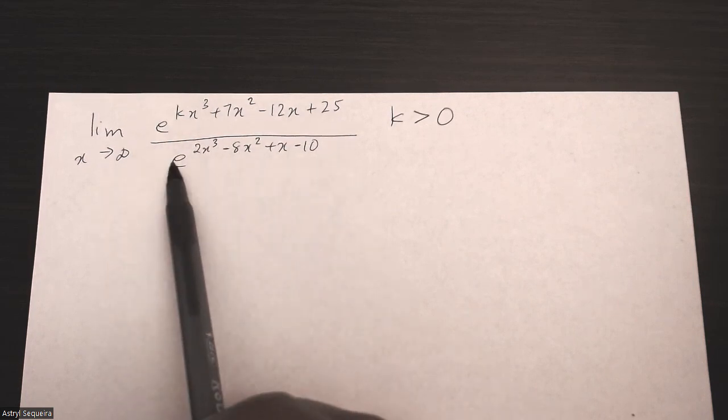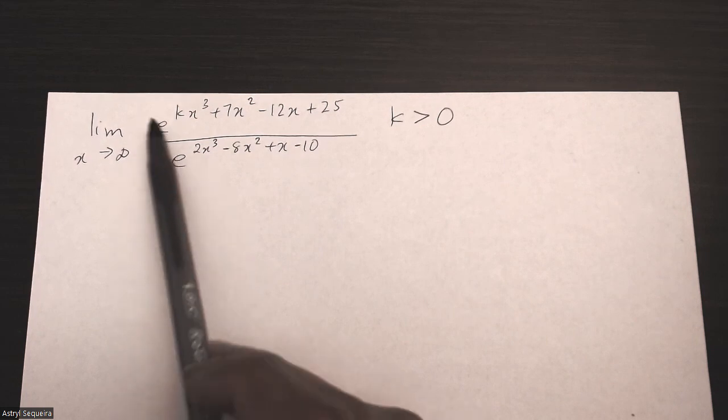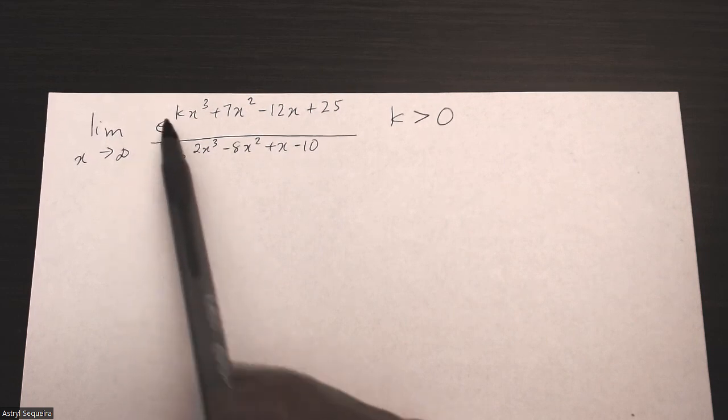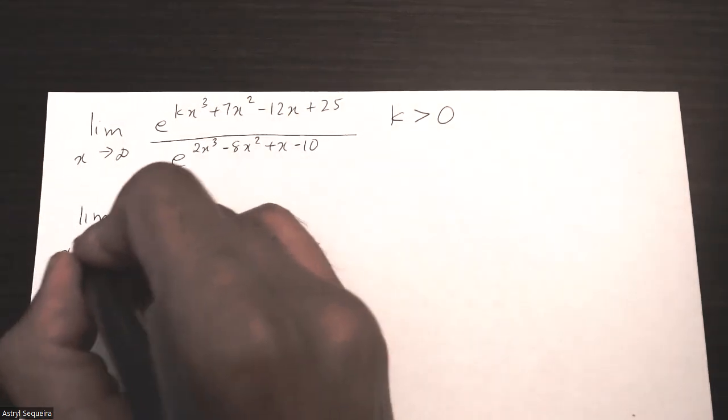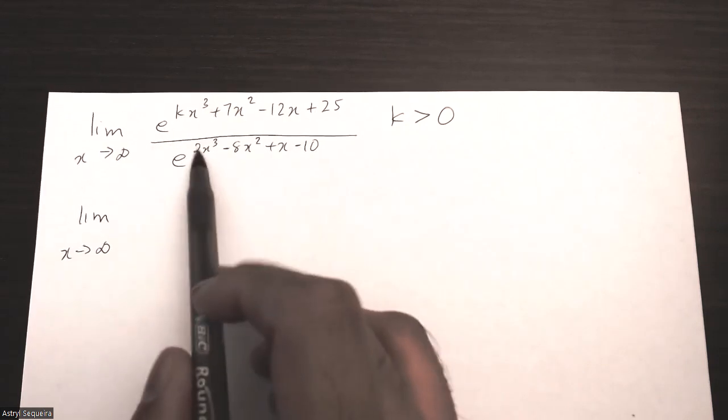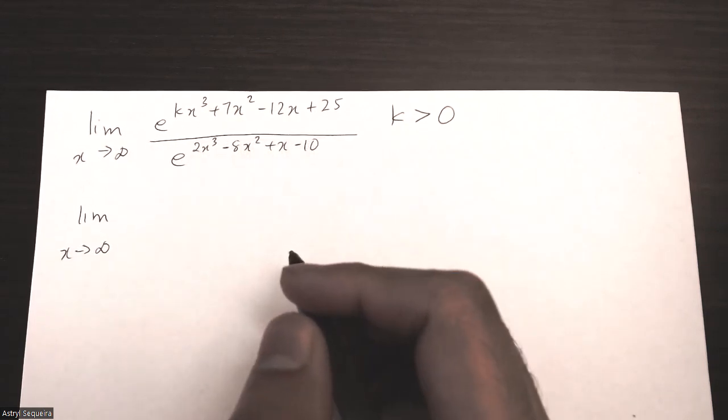Instead, we know that if we have two exponential expressions with the same base divided by each other, we can actually combine those. And we can combine them by subtracting the exponents.